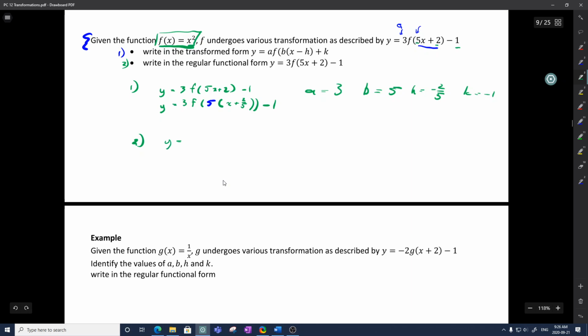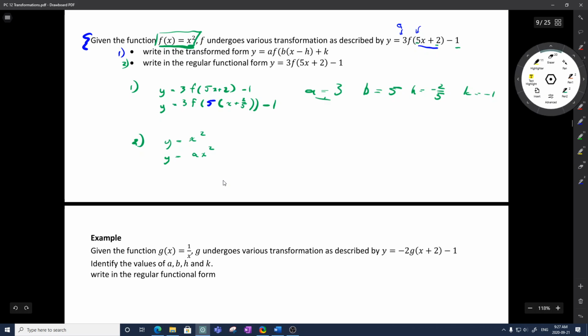Y is equal to, we have a few options. I'm going to build it up in several steps. I'm going to take care of this a first. Y is equal to f of x was x squared. Then first thing I'm going to do is I'm going to put that a in front. Y is equal to ax squared. Oh, pardon me. That wasn't good.